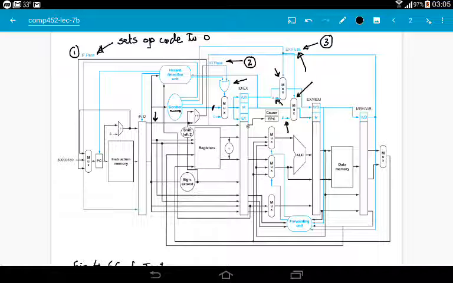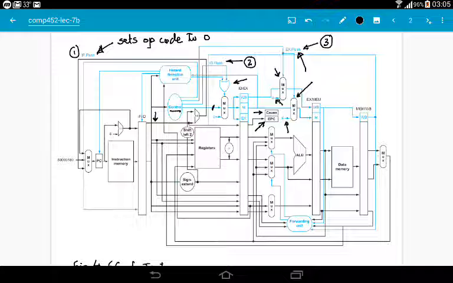When it exits from the IDEX pipeline register, this value gets stored in the exception program counter, EPC, and the processor also stores the cause of the exception in the cause register. Keep in mind that EPC gets the address of the instruction which immediately follows the exception-causing instruction.